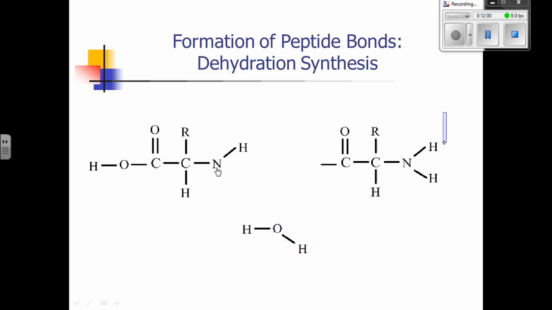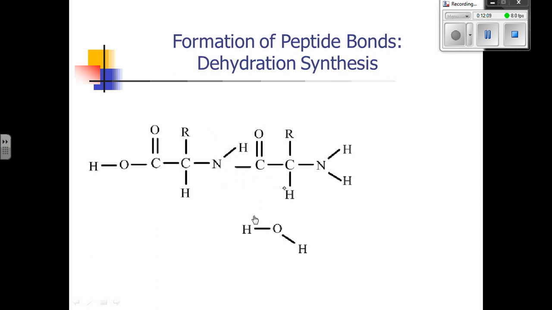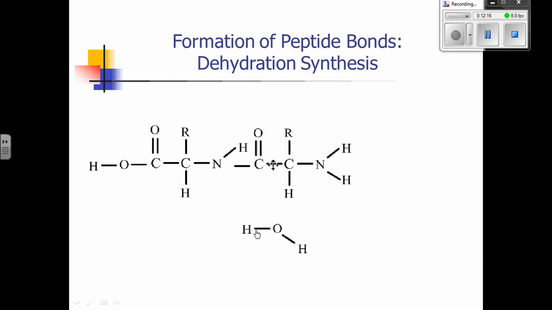That leaves an open bonding site on the nitrogen and an open bonding site on the carbon, allowing them to form this peptide bond right here. And this is what you would call a dipeptide, obviously, because you have two amino acids. So that is the new peptide bond between the carbon and the nitrogen.